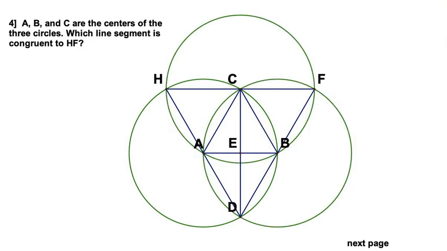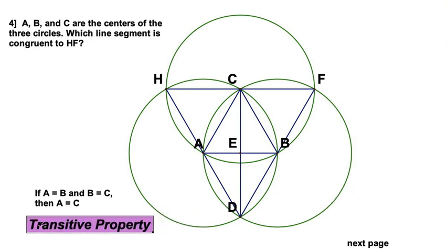Now, I'm going to mention this because you have seen this in Algebra 1. You have seen this statement before. And actually, I mentioned it in class, and some of you finished the statement for me. If A equals B and B equals C, then A equals C. In algebra or arithmetic, that is simply known as the transitive property.